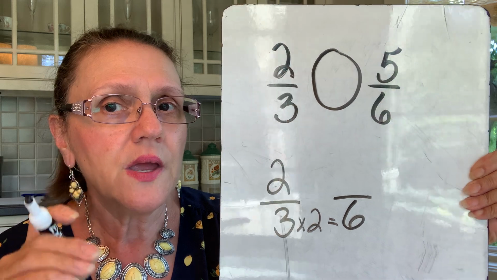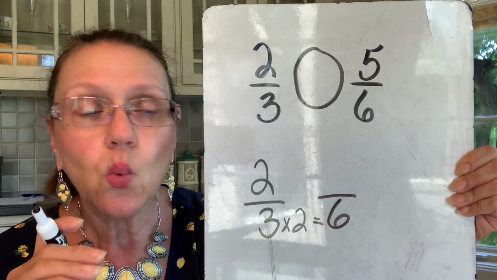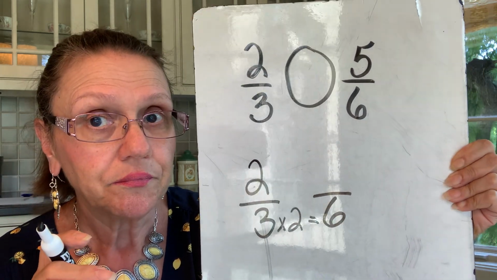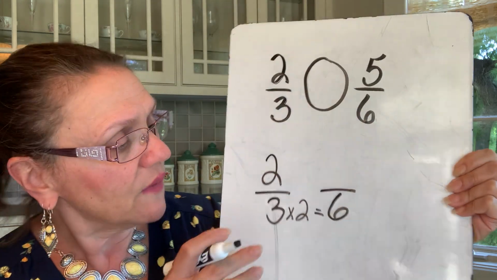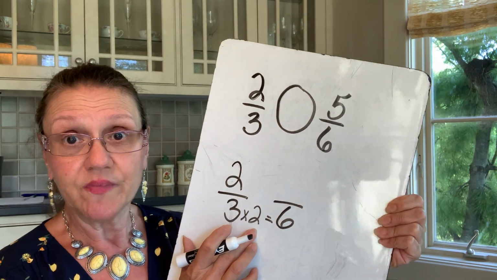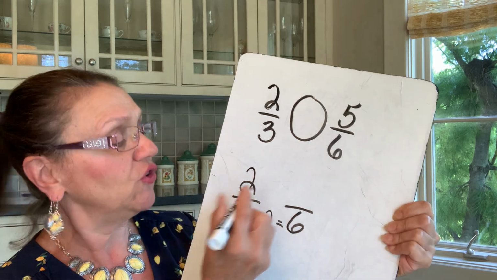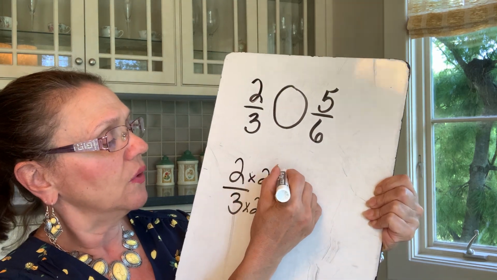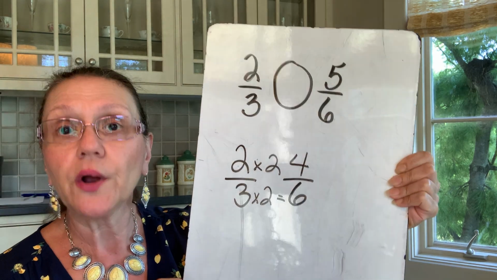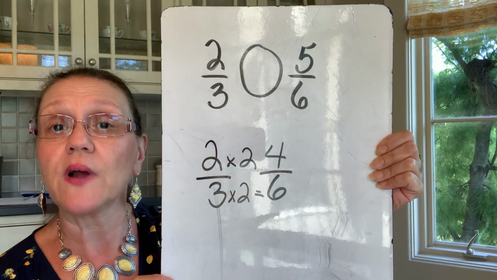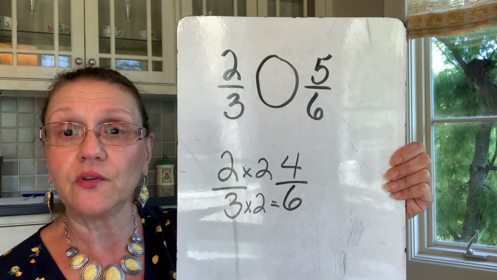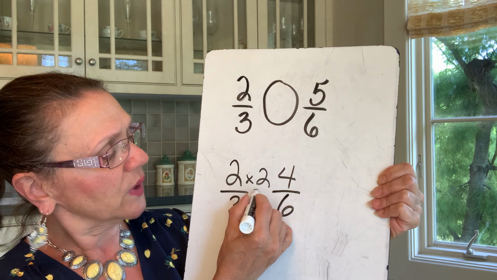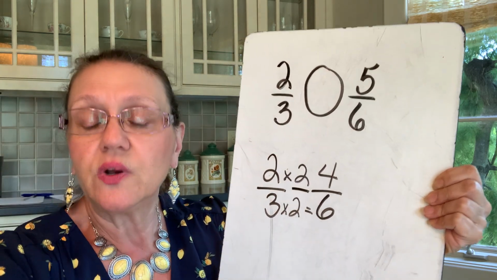Remember the rule for fractions: whatever you do to the bottom, you do to the top. So if I multiply the bottom by 2, I have to multiply the numerator by 2. 2 times 2 gives me 4. 4/6 is an equivalent fraction for 2/3. And for those of you that are really paying attention, you might notice something here.